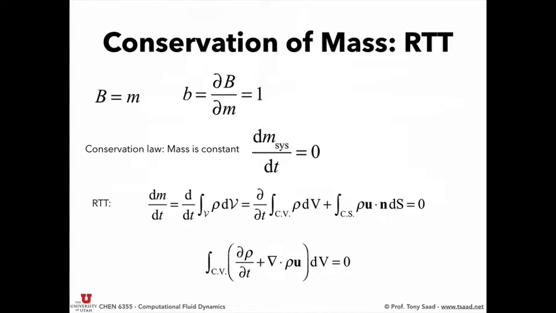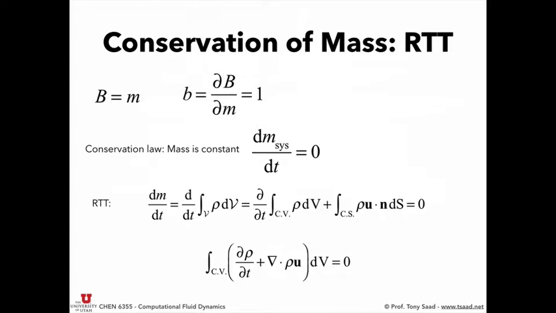But more importantly, that's equal to partial by partial t, the local rate of change over the control volume of rho dv, plus the flux of mass through the control volume, rho u dot n dS. So again, what does this mean? This means that the fluid is carrying the density rho into the control volume through the control surface, okay?